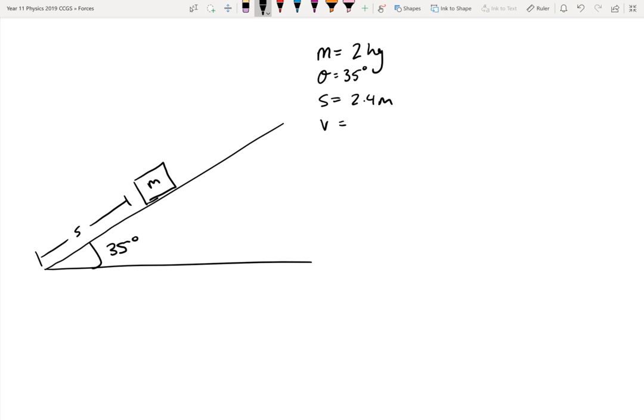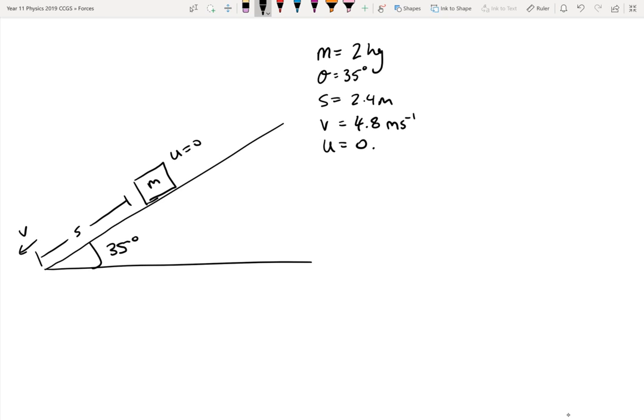To make this physically correct, I'm going to find the frictionless velocity. It's going to be the square root of 2 times 9.8 sine 35 times 2.4. Without friction, this thing would slide at a certain speed. I'm going to give you a speed less because friction is going to act. So I'm going to say that V was measured to be less than the frictionless, 4.8 meters per second down here. It started off stationary.